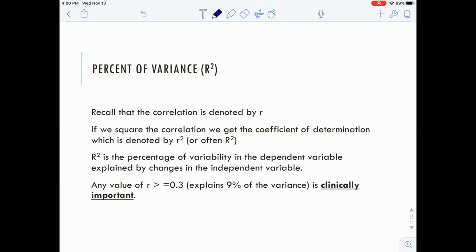R² just tells you how much of the change in Y is explained by a change in X. It's basically just dropping the positive or negative. In fact, if we square the correlation coefficient, we get the coefficient of determination, which is your R². So R² is the correlation squared.